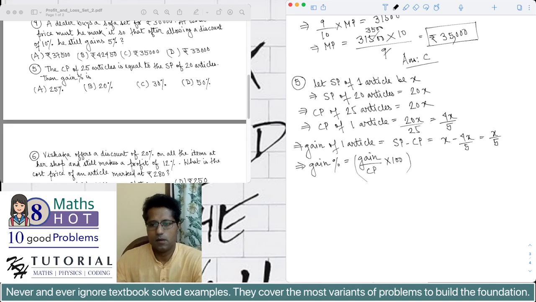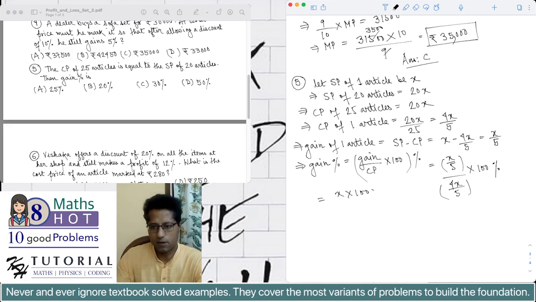Gain is x by 5, the cost price of one article is 4x by 5, and we multiply by 100, this much percentage. This is equal to x multiplied by 100 multiplied by 5 divided by 5 multiplied by 4x.